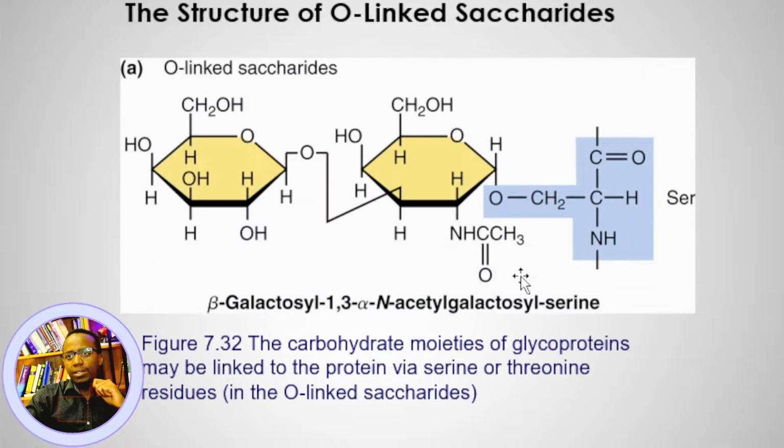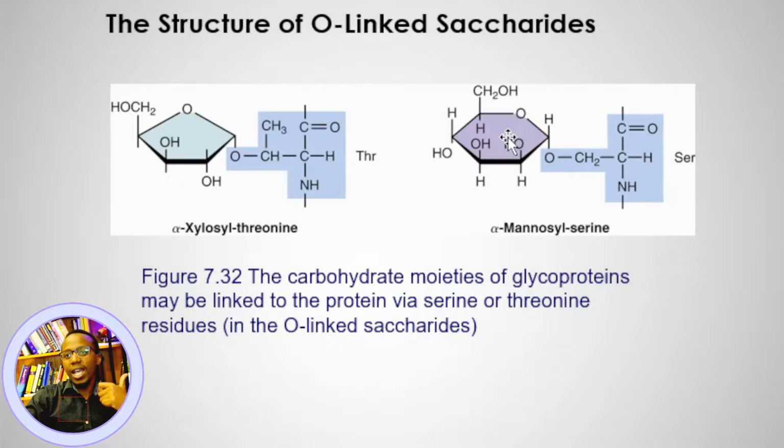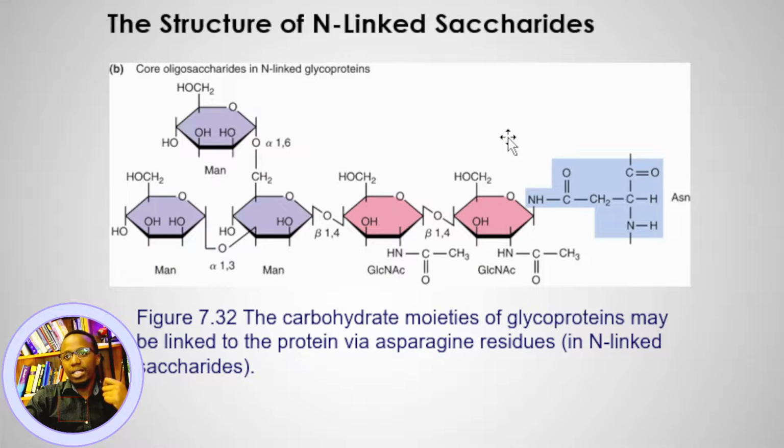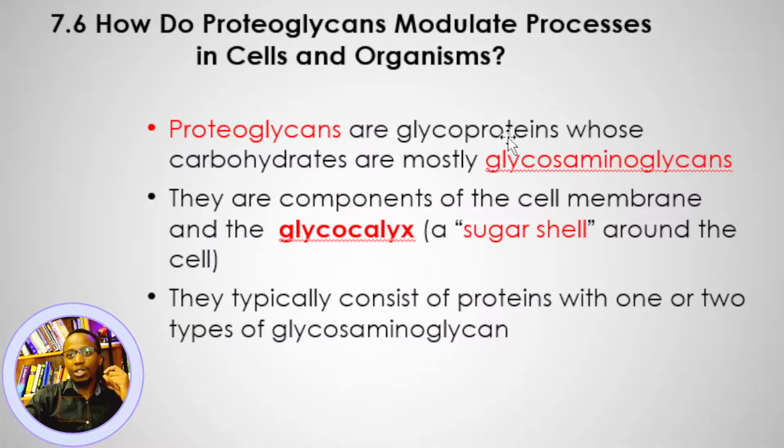But here, it's a serine group, and then the O of serine binds to the sugar molecule. So serine can form an O-linked saccharide, and then asparagine can form an N-linked saccharide. So those are the two types of your glycoproteins.